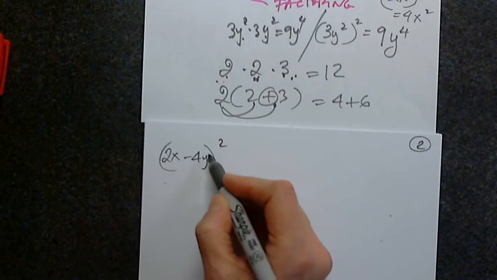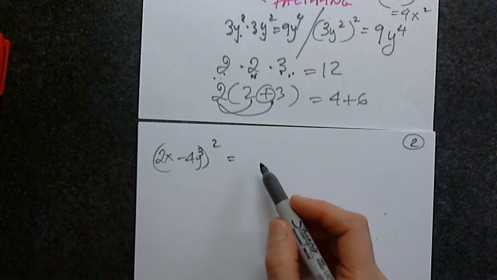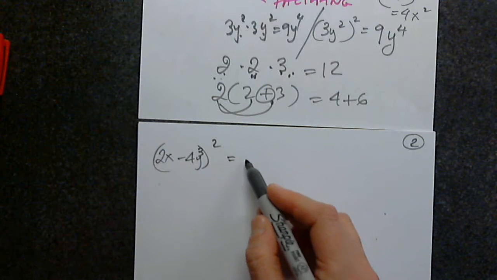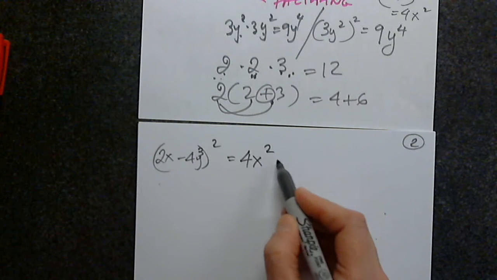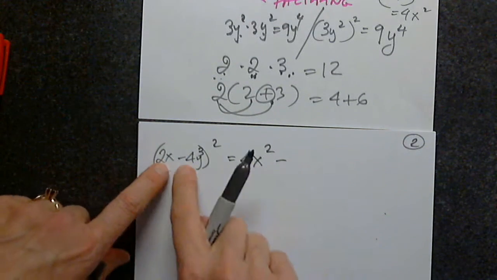2x minus 4y to the third. Good. First term squared. Minus. You cannot put another minus and say, okay, it becomes plus. No, if it's minus here, it's minus.